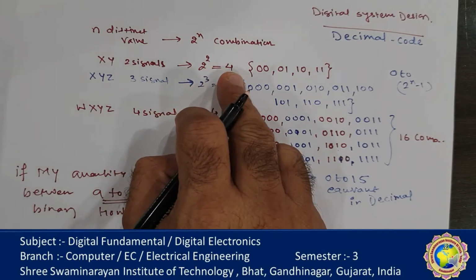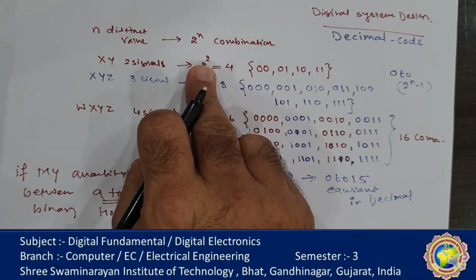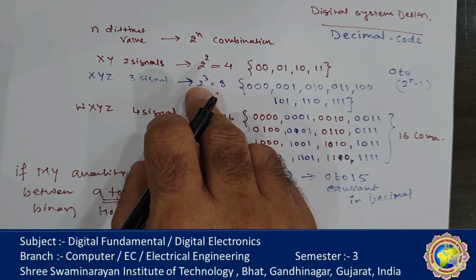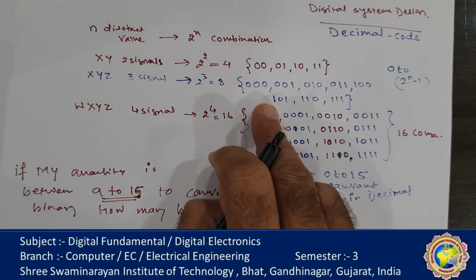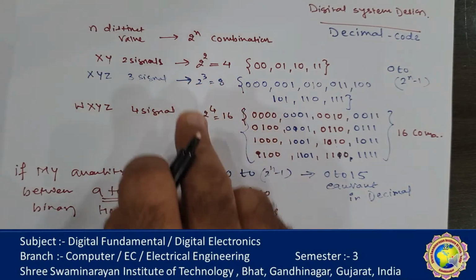Suppose there are 5 combinations, so 2 bits are not possible, 3 bits are required. Similarly, 9 to 15 we cannot convert using 3 bits, 4 bits are required.